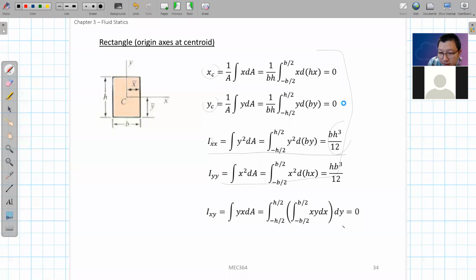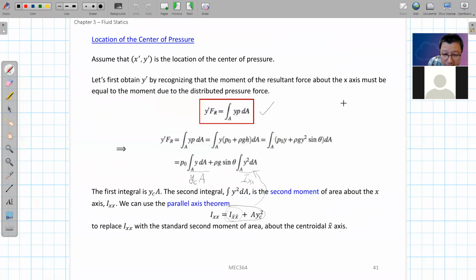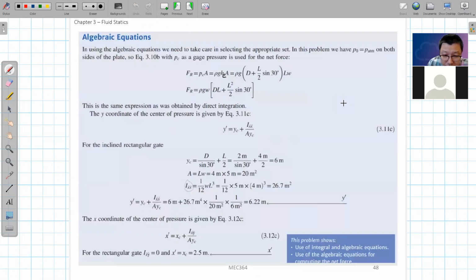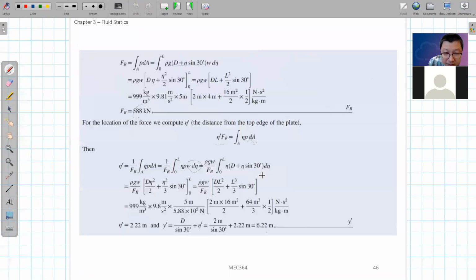So your coordinate is defined at the center. And so by this way, we already know that value. You provide all these parameters here into this equation, you can quickly calculate what y prime will be. So you will also get the same result as this y prime you got here.